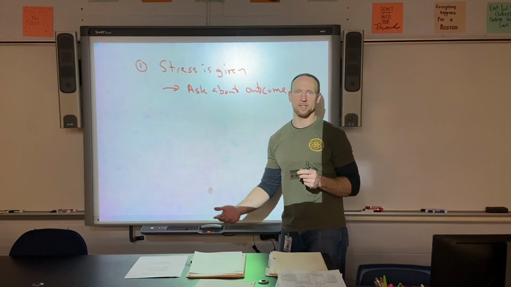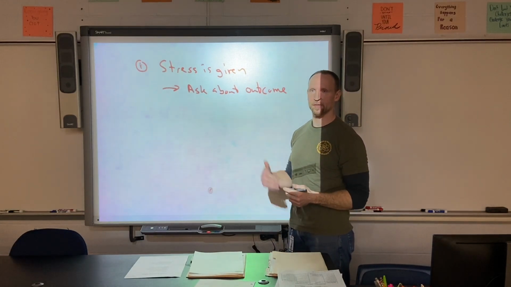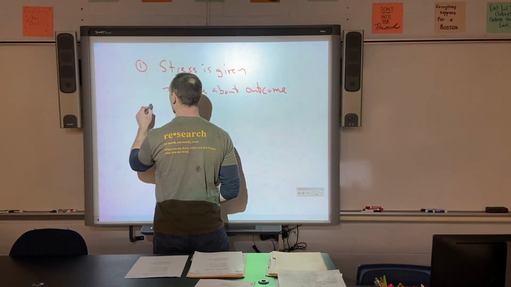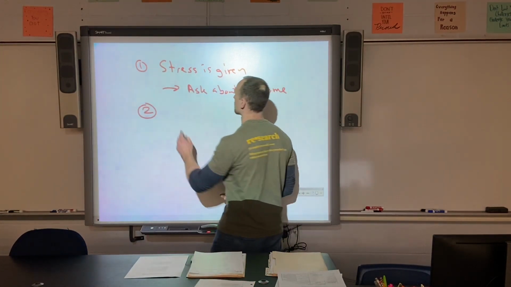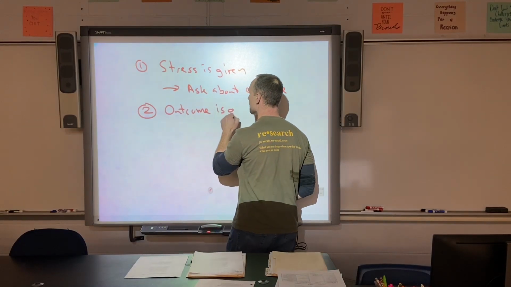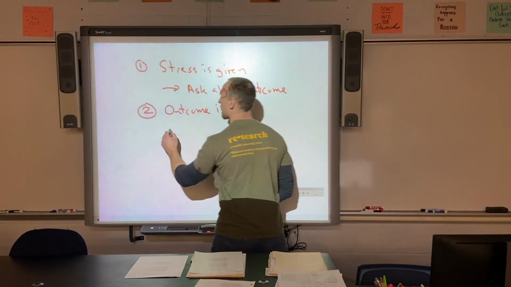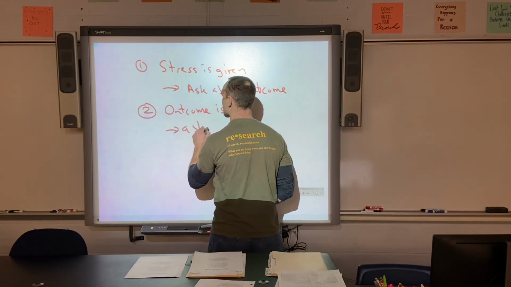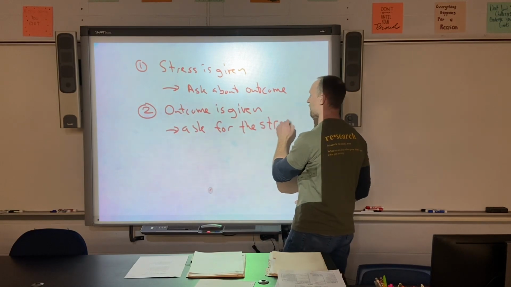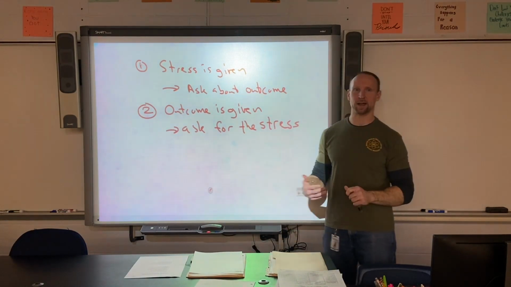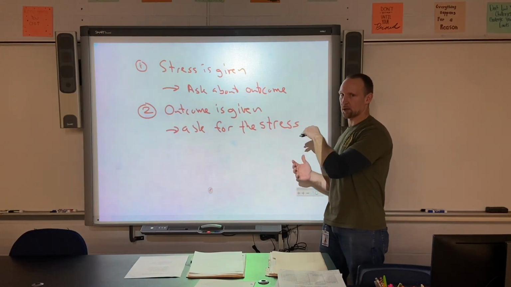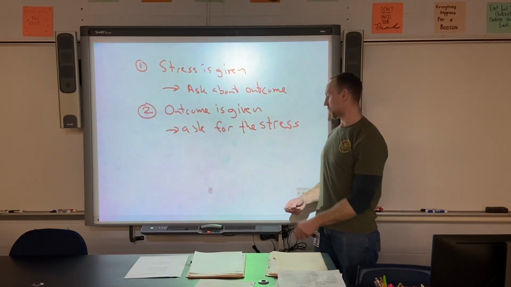All right, what happened to the concentrations? Which way did we shift? Those are the easier ones, right? The second type are the harder ones. When the outcome is given, and then they ask for the stress. So these are a little bit tricky. You got to think of these backwards and kind of go and say, all right, here's the outcome. What caused this outcome? And we'll talk about that.